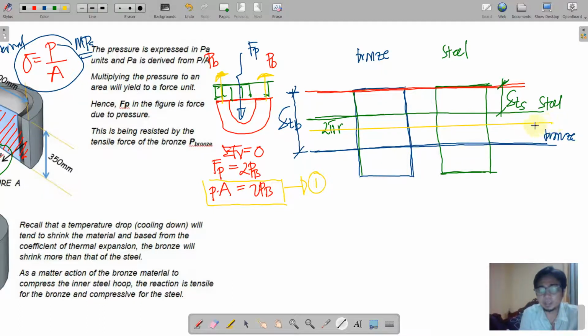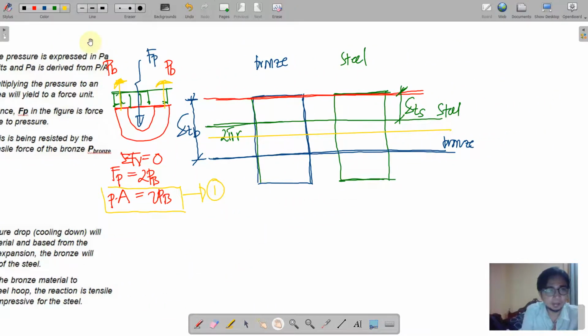So if this is the boundary, we are going to label this as boundary resistance between the bronze and steel. Why boundary? In the first place, itong bronze na to, hindi matutuloy na humaba on this length. Why? Because pinipigilan nga ng steel.